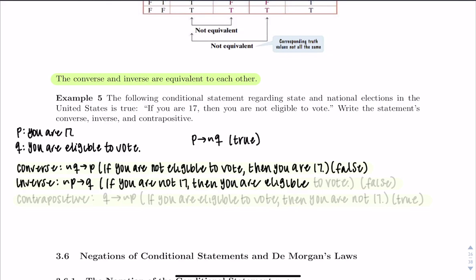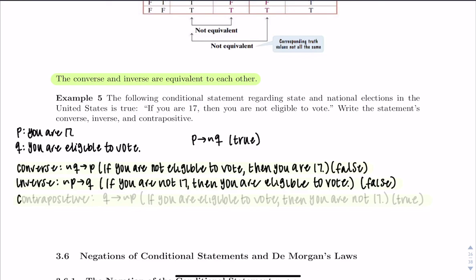And that's not necessarily true either, because that could be that you're 16, which is not 17, and you still can't vote. So that's a false statement. So we can see the converse and the inverse are both false, which is good. They're supposed to be equivalent to each other.